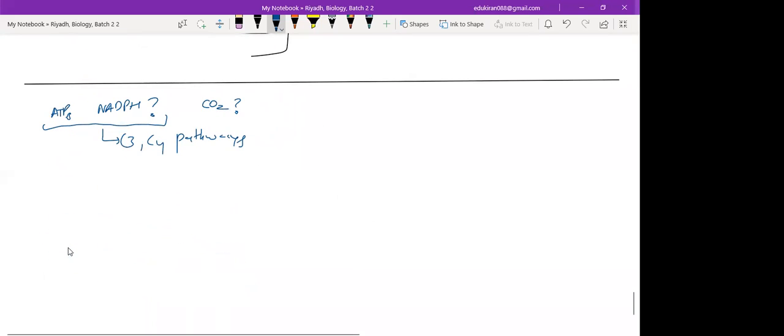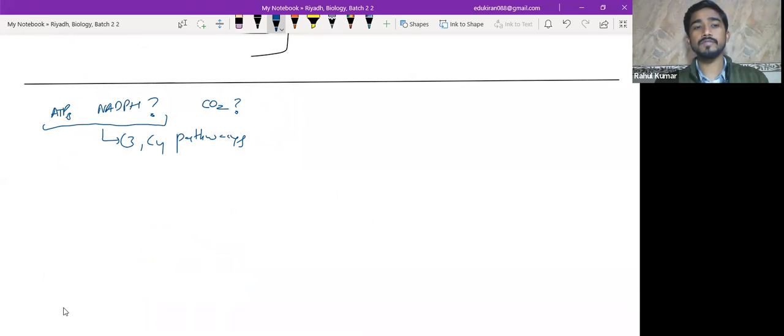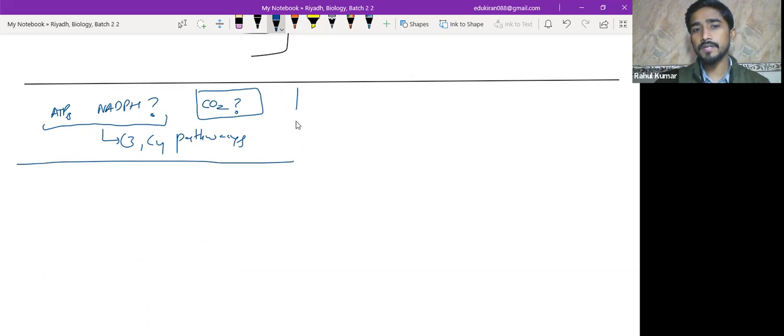Yes, sir. Now, there is still one question left, which is this CO2. We need CO2 as a raw material, as a recipe. So which will be the first molecule to accept CO2?